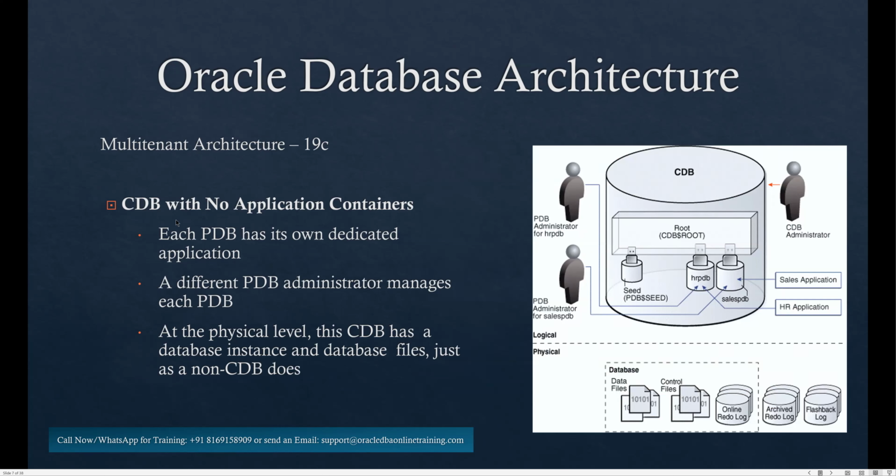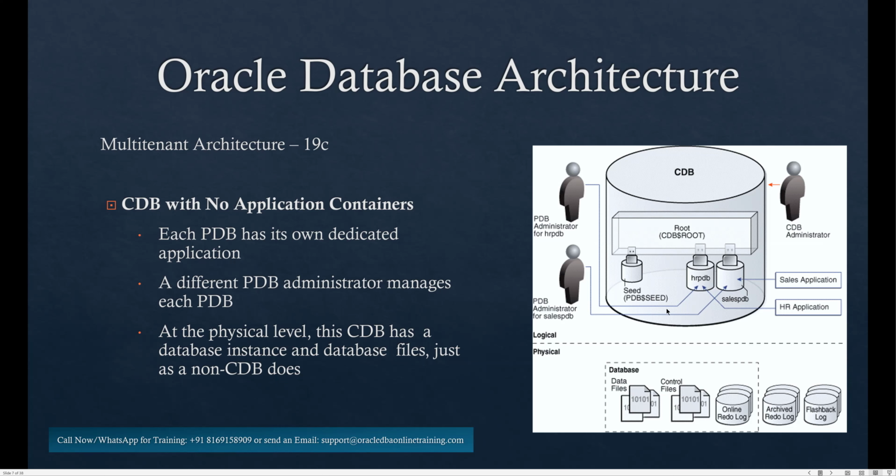A container database with no application container will look like this. This diagram represents a container database which has a seed PDB, because the seed PDB will always be there whenever you are creating a container database. This seed PDB will be a part of the root container. Whenever I create a container database, it will have the root CDB, and within this root CDB, we have the pluggable seed, or you can say the seed PDB.